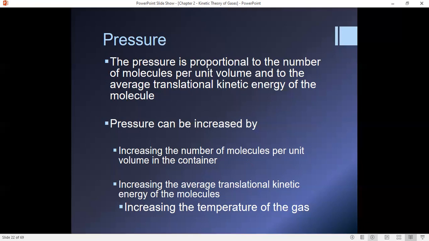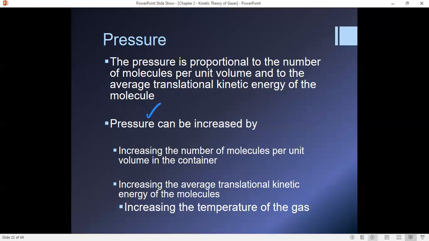So again, think about it. How do we increase the pressure if the pressure is related to the molecules colliding with the sides of the wall? One, you can increase the number of molecules. More molecules mean more collisions more often, more force. Pressure is force divided by area. That's going to raise the pressure by introducing more molecules.